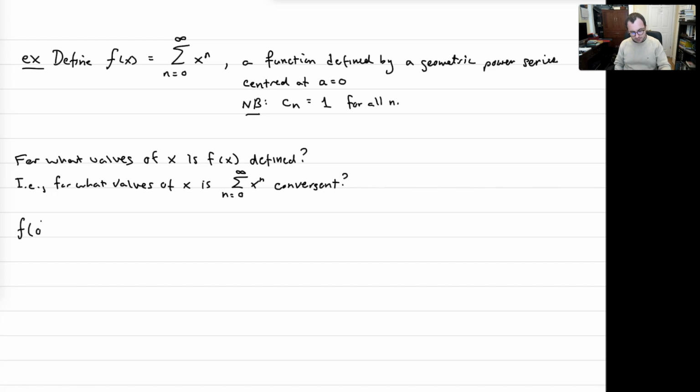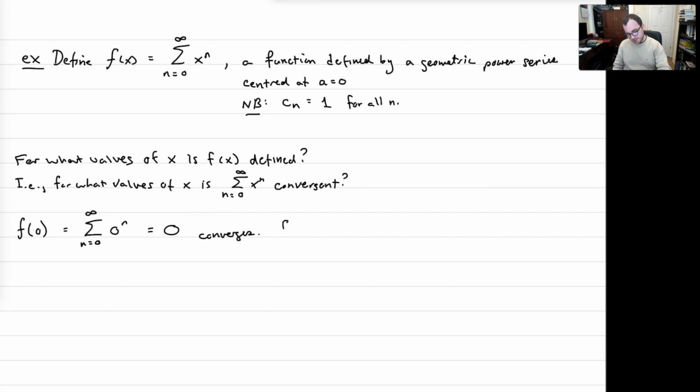To get an idea of what these two questions mean, why don't we plug a couple values in? For example, what's f of 0? Is f of 0 defined? Is 0 in the domain of this function or not? Well, if I replace the x with a 0, all I'm doing is adding powers of 0 together, which I hope you believe is equal to 0. So that converges.